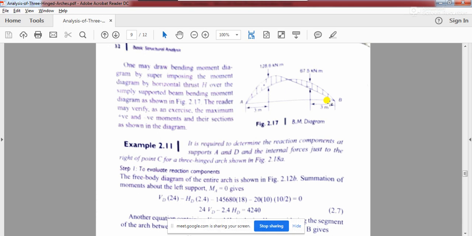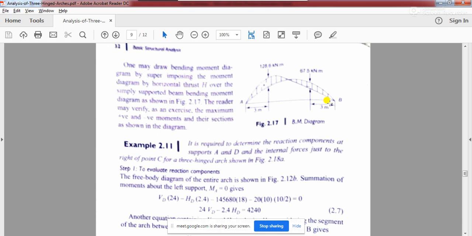That means because of the horizontal force, you need not bother about the shape of the bending moment diagram. Whatever the shape of the arch, you will get the same shape because the horizontal thrust bending moment is H multiplied by y.